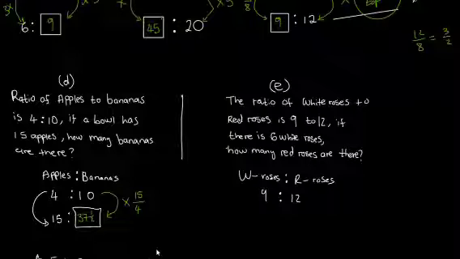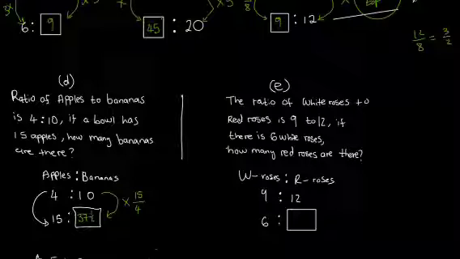So here is how we're going to deal with it. Now there are 6 white roses. Then how do we find the missing number for the ratio of the red roses? So we will do the same thing like we did on the others.